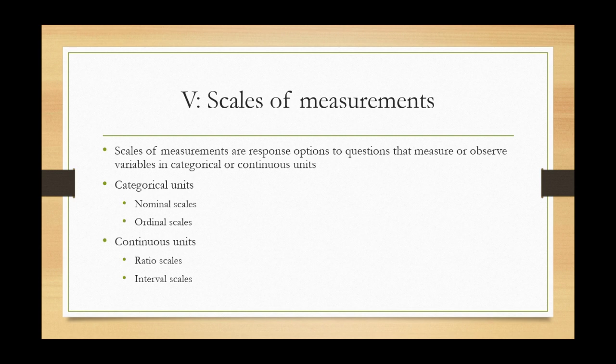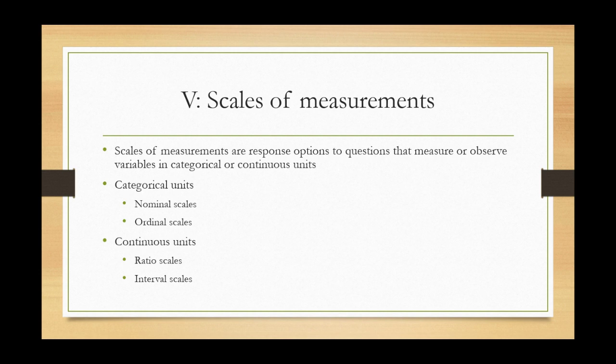But we have another scale of measurement that we call ordinal, where researchers use these ordinal scales, or in other books they write ranking scales. Researchers use these measurements to provide response options where participants provide a rank from the best or from the most important to the worst or to the least important of some trait, attribute, or characteristic.